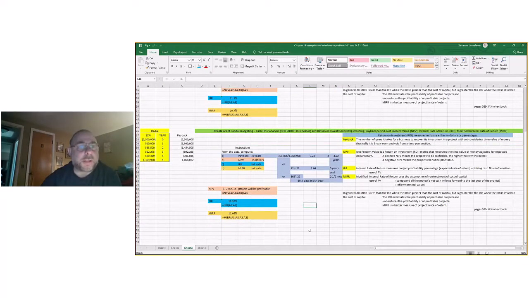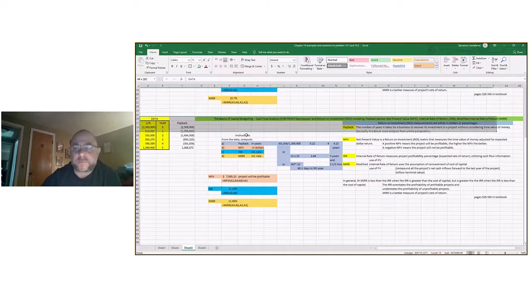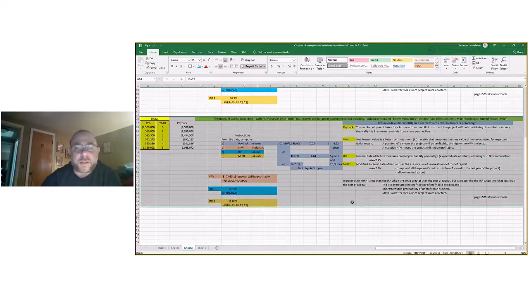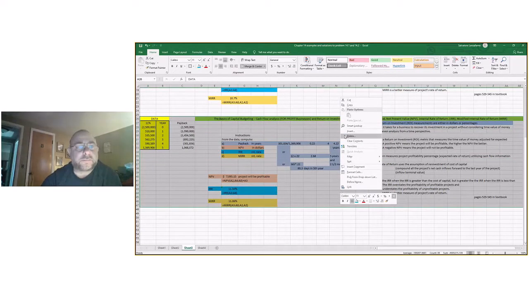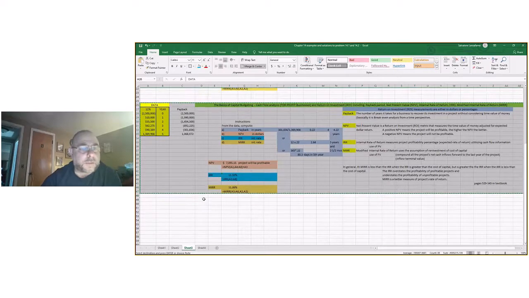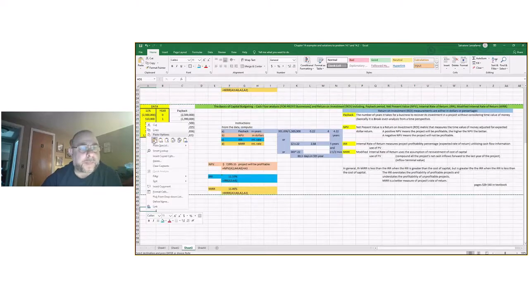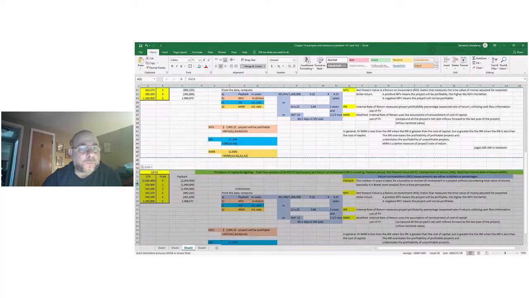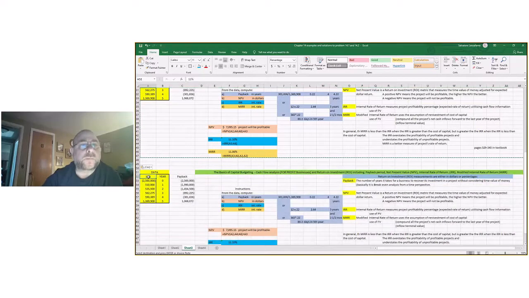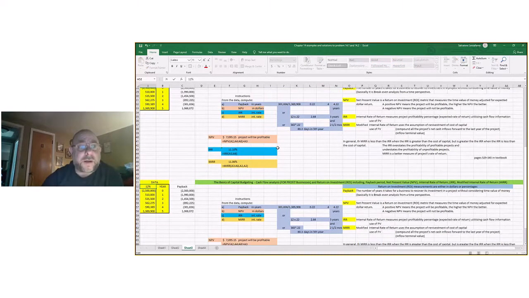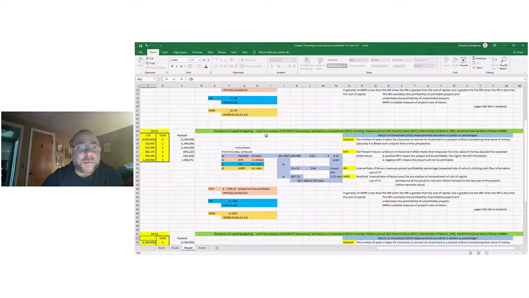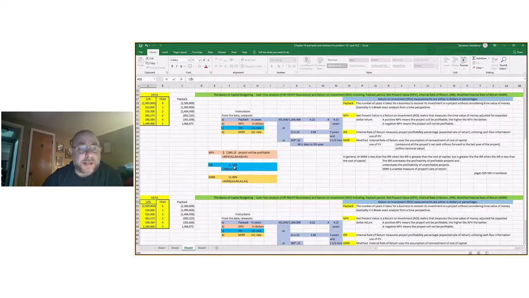Let's do one more calculation. What if we were to change it to 12%? So 11% brought the NPV from 82 grand down to 7 grand.